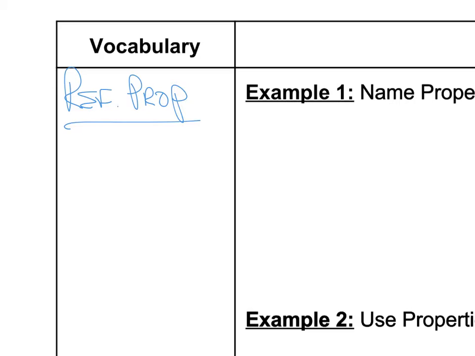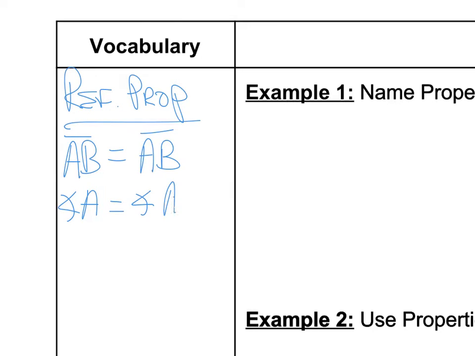So basically, segment AB is going to be equal to segment AB, or angle A will be equal or congruent, either one, to angle A. It's the same thing. So anytime you see two pieces that are completely identical to themselves, it's a reflexive property.